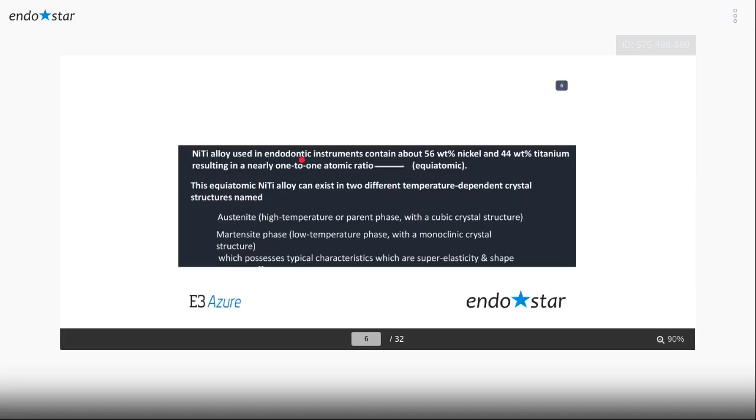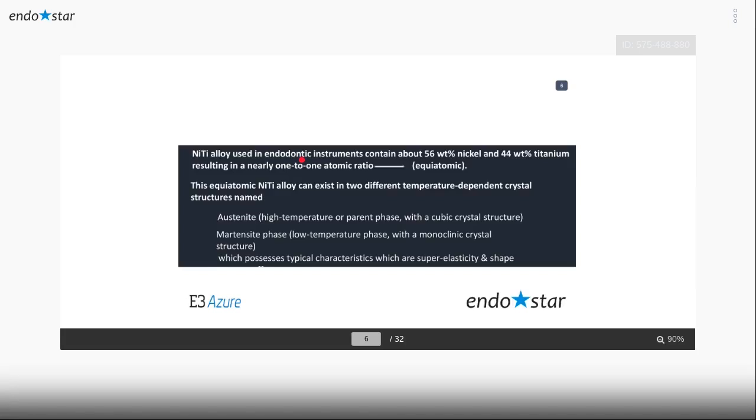The austenitic, we have to focus on starting from this point. We call it the parent phase or high temperature phase, which has a cubic crystal structure. But the martensitic is present in a lower temperature phase, like in the case of E3 Azure, when you make the file and produce it, it's near body temperature, it's present in this phase.